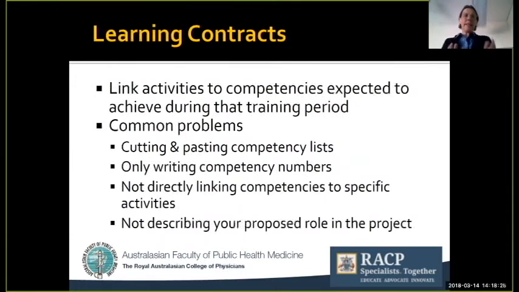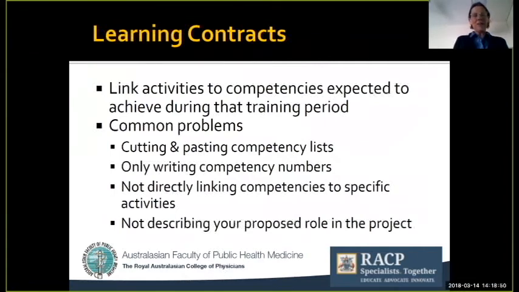You have to link each of those things that you're going to do, the activities, to the competency. So this is where I think it's really useful to have a hard copy of the curriculum, so that you can really easily see what competencies can be achieved during that training period or during that training position.